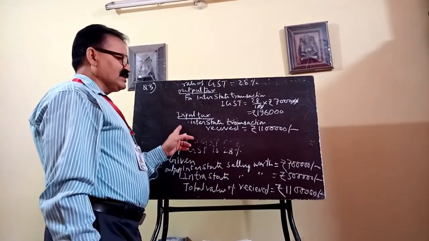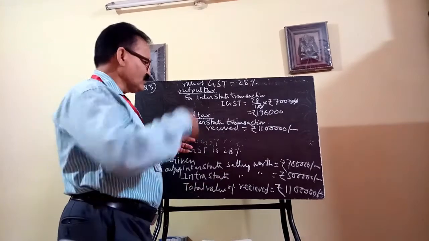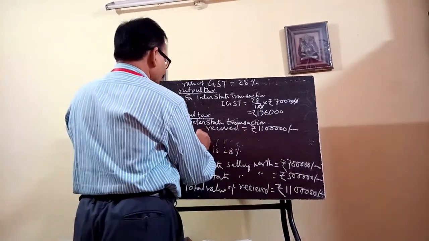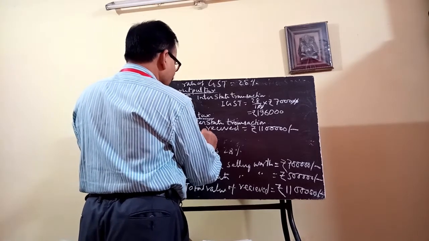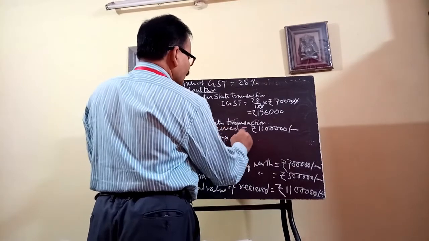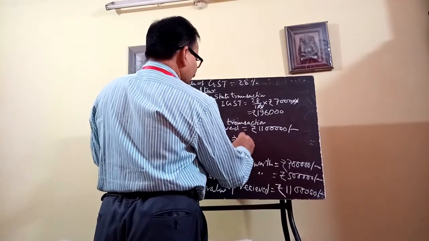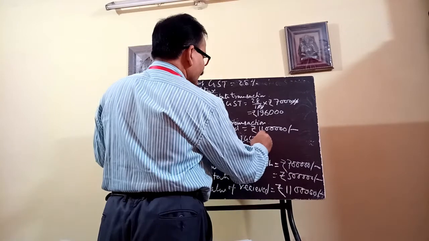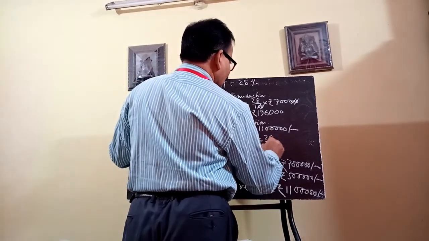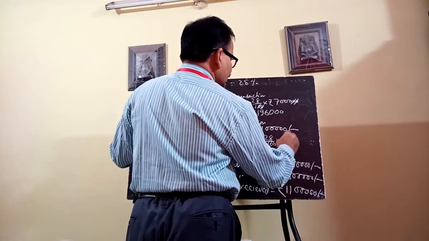Interstate transaction, that means the dealer purchases the goods from the other state of about 11 lakh. So here also the input tax is again IGST, I mean total IGST is your 28% of rupees 11 lakh.